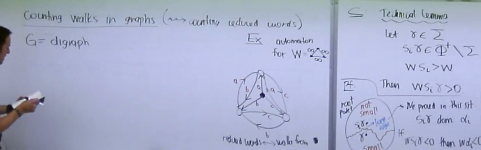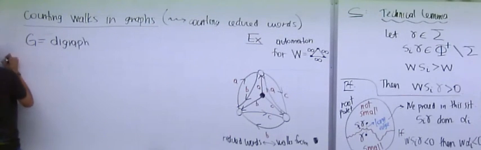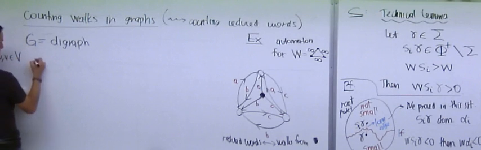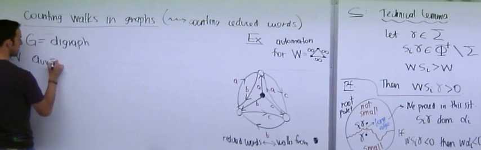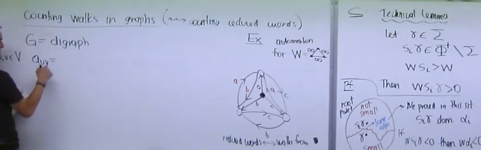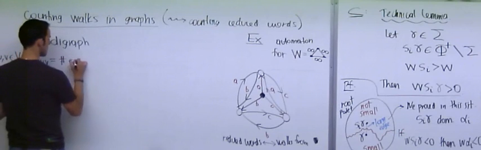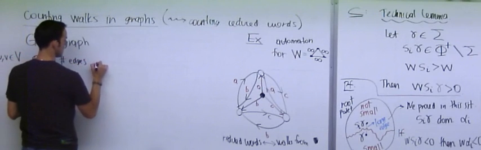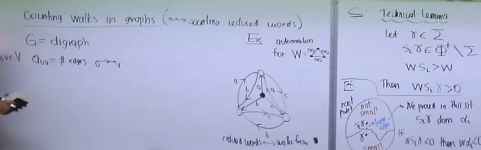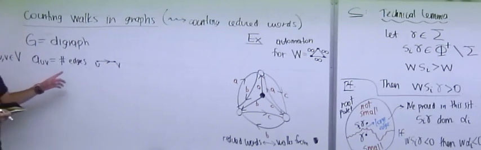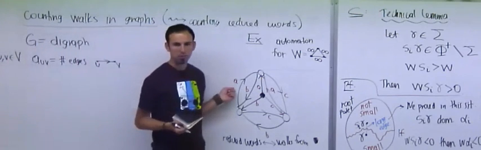So we start with the directed graph, and if U and V are vertices, let me record the number of edges between them. A of UV is the number of edges from U to V. Now, in this case, this number is 0 or 1.